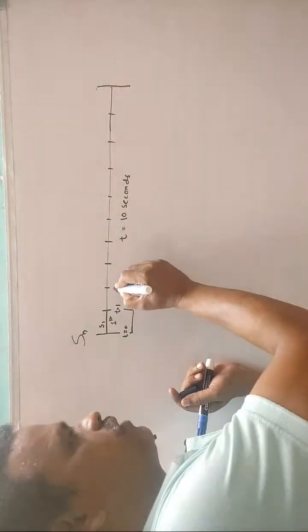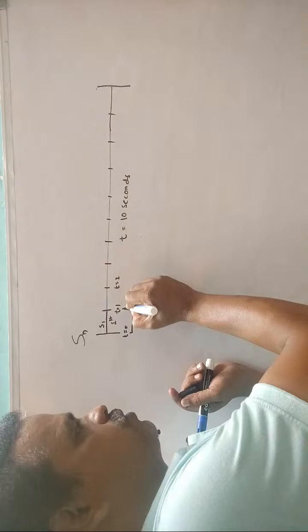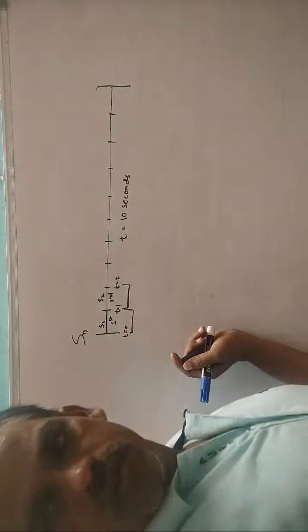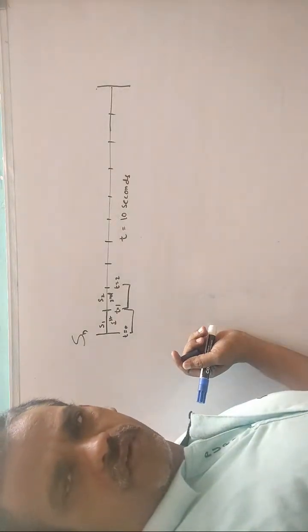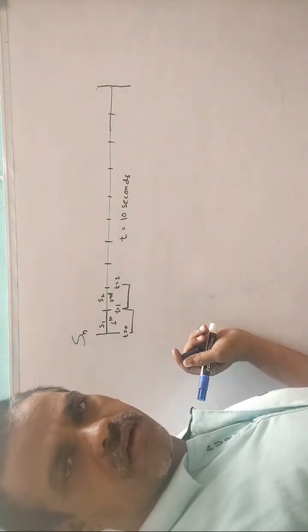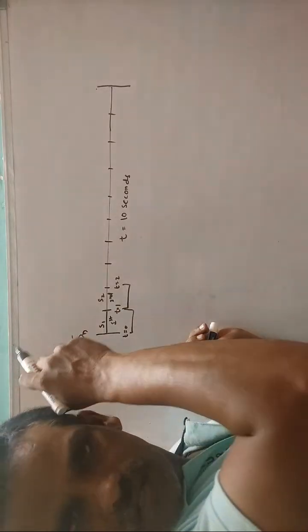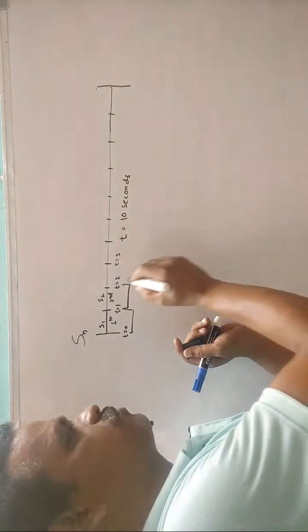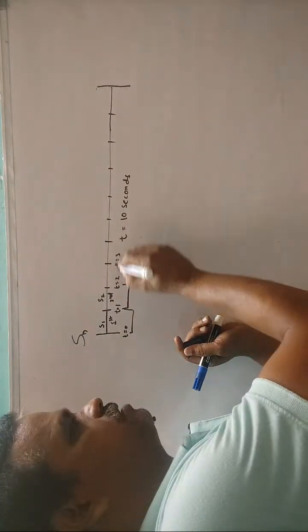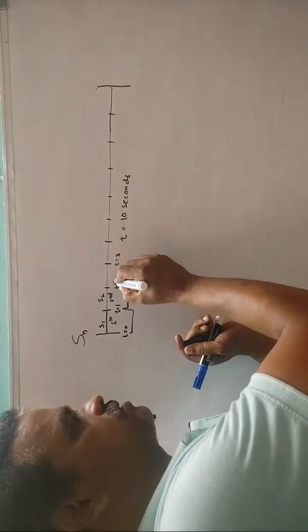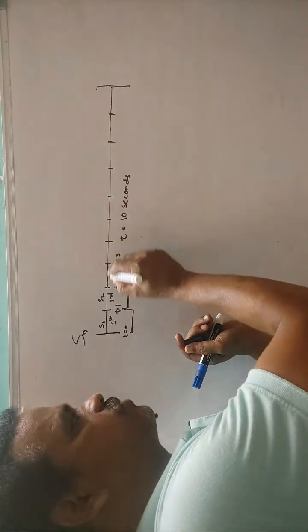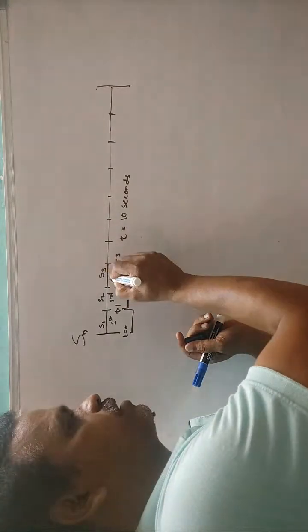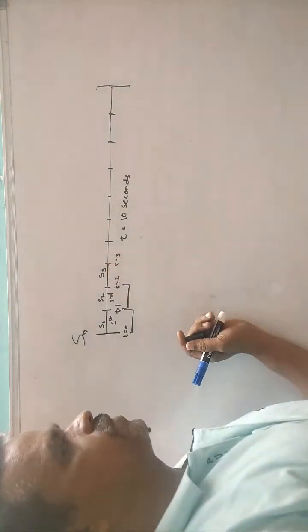Then from t equal to 1 to t equal to 2, that is the second second, S2 displacement. You have to listen very clearly, then you can understand well. The 2 seconds complete here and the 3 seconds start here. The displacement covered by the body in the third second is S3.